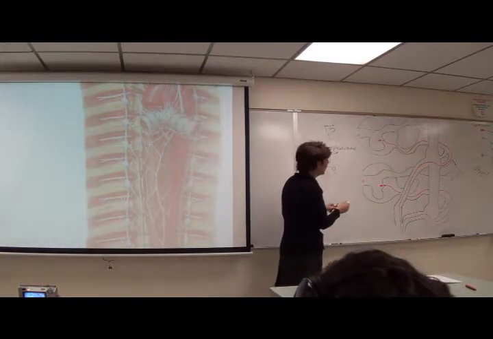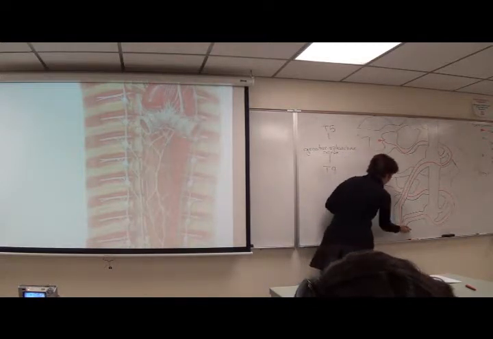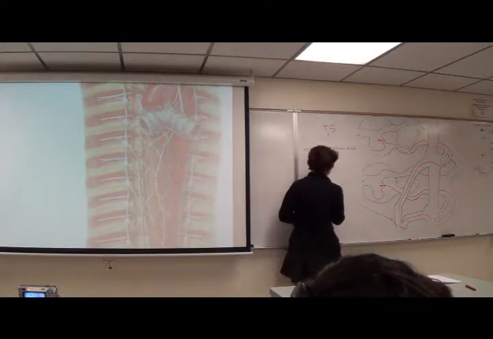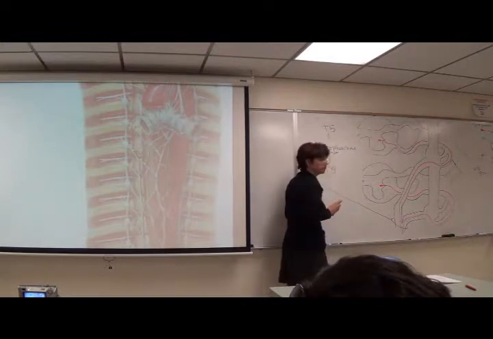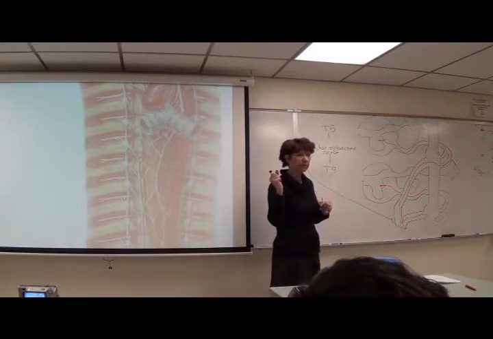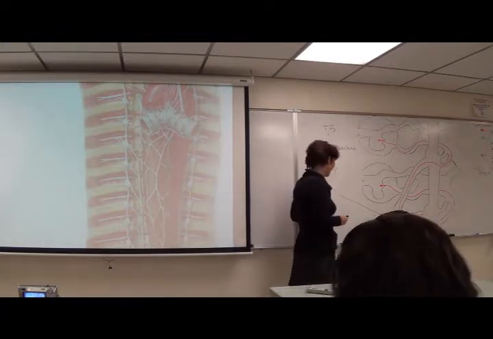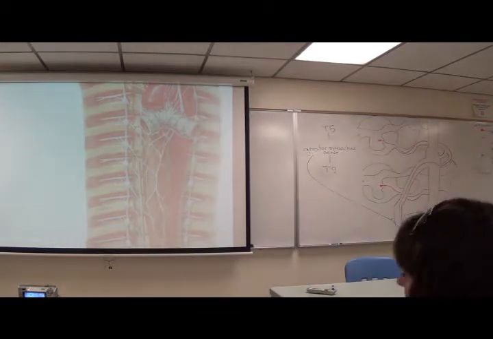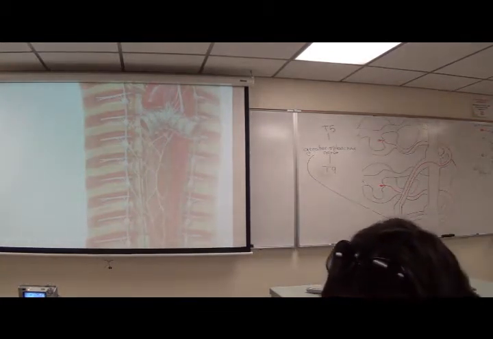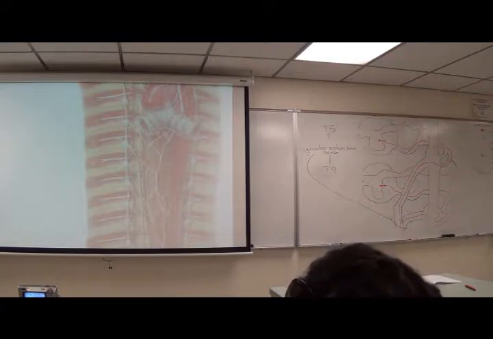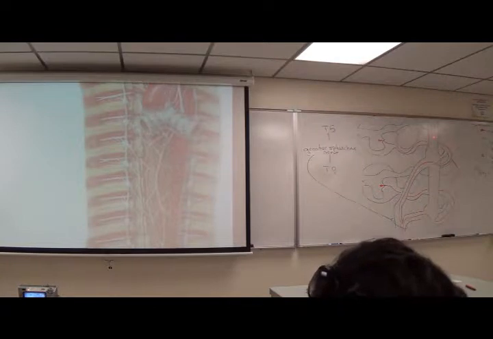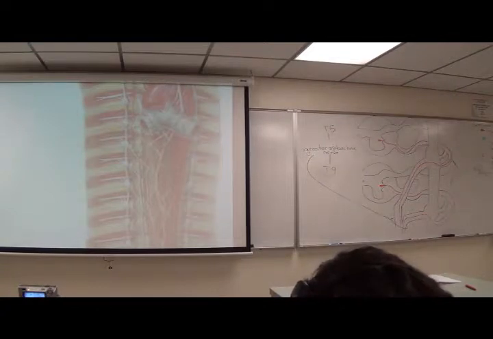But they all join together to form this structure, which is the greater splanchnic nerve. And I'm going to illustrate that because I can only draw so many segments on the whiteboard. But what's different here than what we've talked about before is the fact that the preganglionic neuron is passing through the ganglion and not synapsing at all. And then in a moment we'll see where it's synapsing. Okay?